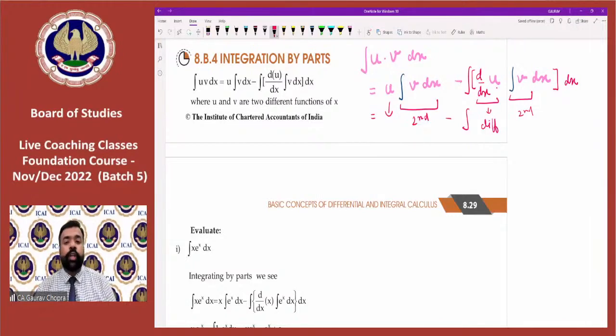And at last, whatever result is coming, we have to integrate that. So in this way, this is the formula for integration by parts. All right.